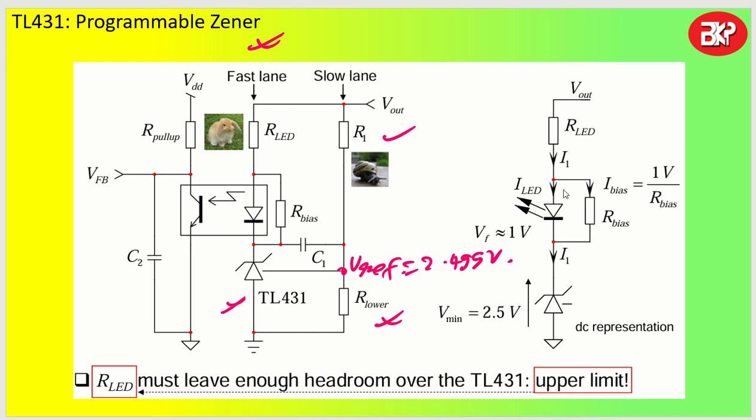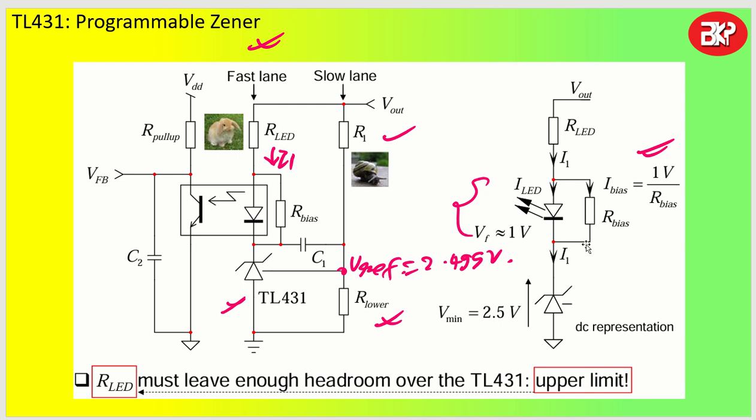Designing this, you can see the current that is flowing through this R LED, let us say it is current I1. So I1 value will be nothing but 1 volt by R bias. R bias is nothing but this. Why 1 volt? Let us consider the forward voltage drop across the diode of the optocoupler is close to 1 volt. So this 1 volt divided by R bias resistance is the current flowing through the bias resistance.